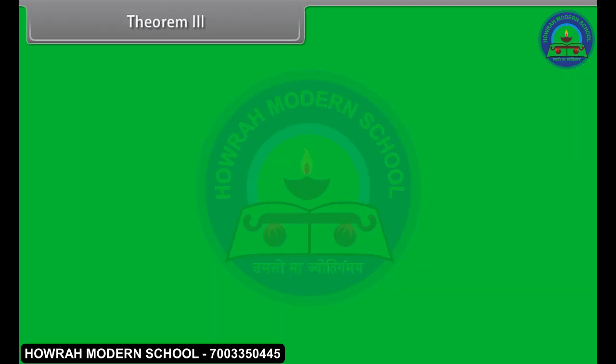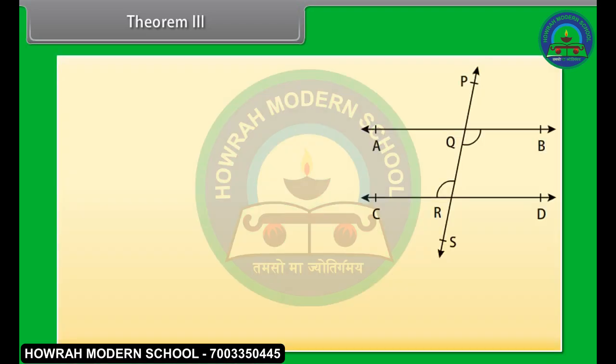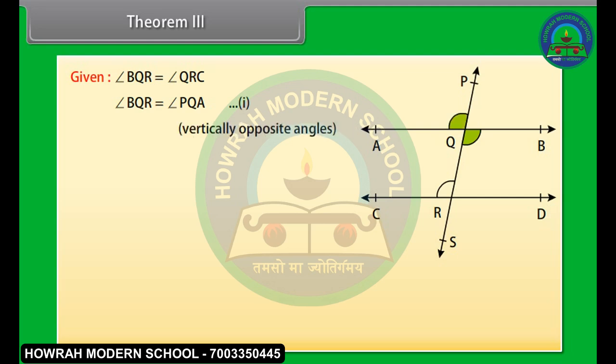Theorem 3. Now, using the converse of the corresponding angles axiom, we can show the two lines are parallel if a pair of alternate interior angles is equal. Come, let us check. Here the transversal PS intersects lines AB and CD at points Q and R respectively, such that angle BQR is equal to angle QRC. Also, angle BQR is equal to angle PQA, because these are vertically opposite angles. Mark it as 1.